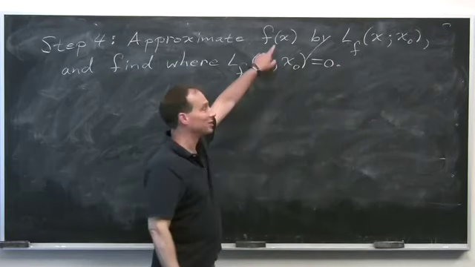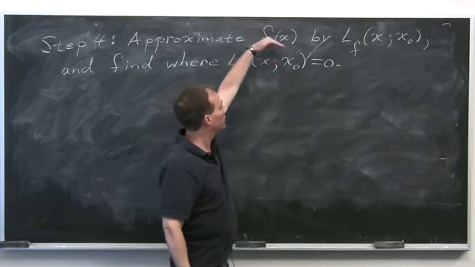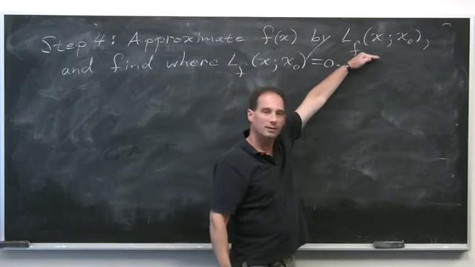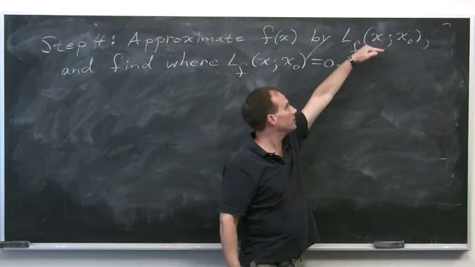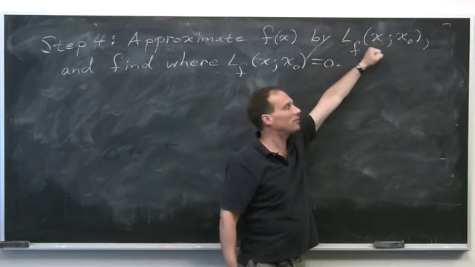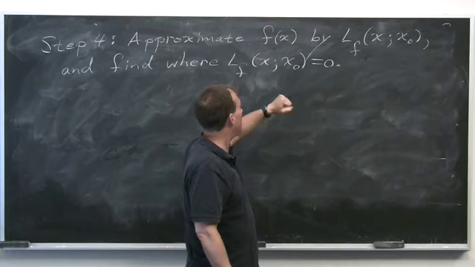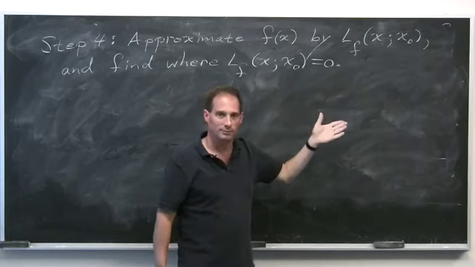You're trying to find where this is 0, but we think this is close to this. So instead we find, this is approximately this. So instead we find where this is 0, and we'll call that x sub 1, and then we'll check.